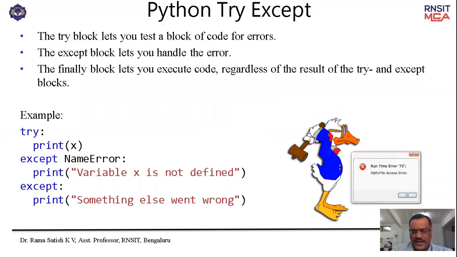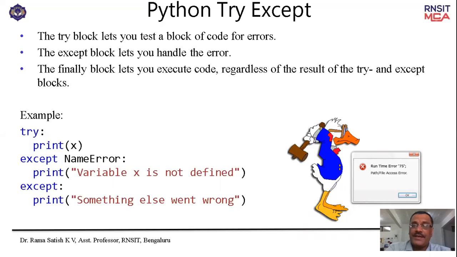In order to detect those errors, we have to use try and except block. The try block will test your code for errors, and the except block will handle those errors.